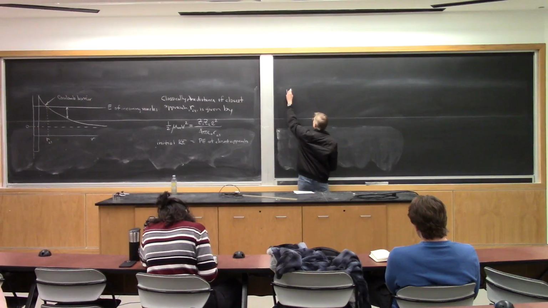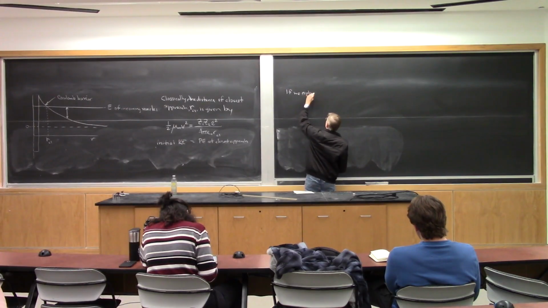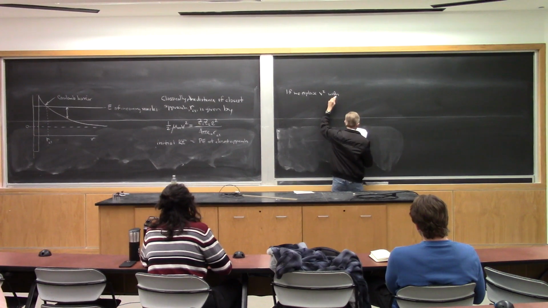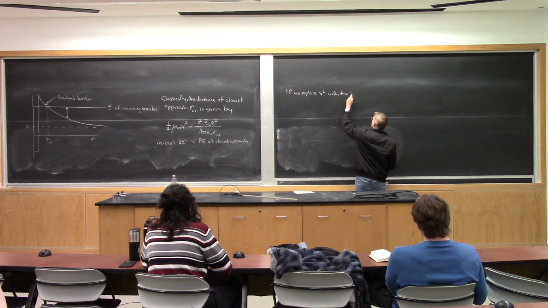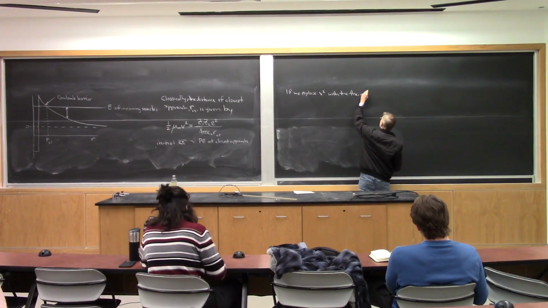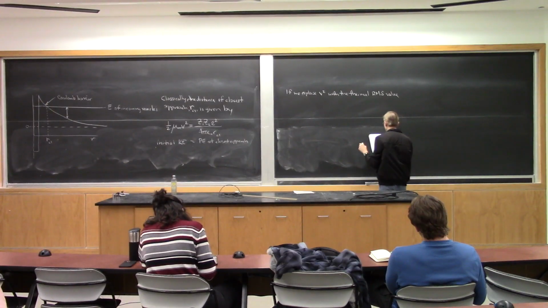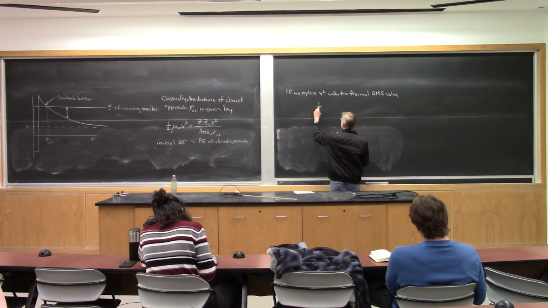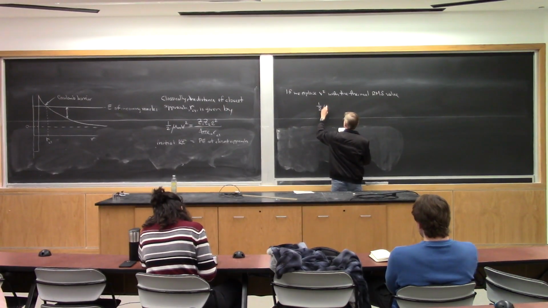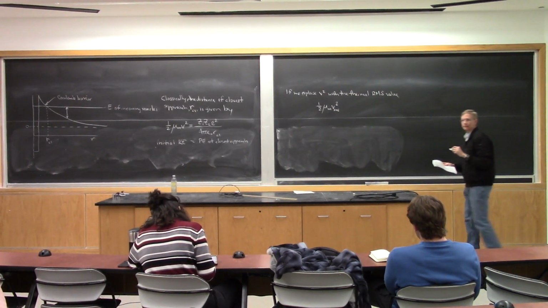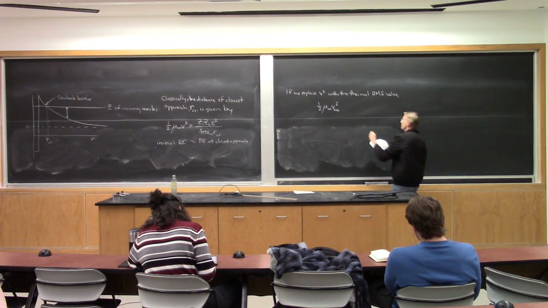So if we replace v squared with the thermal RMS value that we got last semester, remember we said that the thermal average kinetic energy per particle, 1/2 mu v RMS squared, is equal to 3/2 kT.